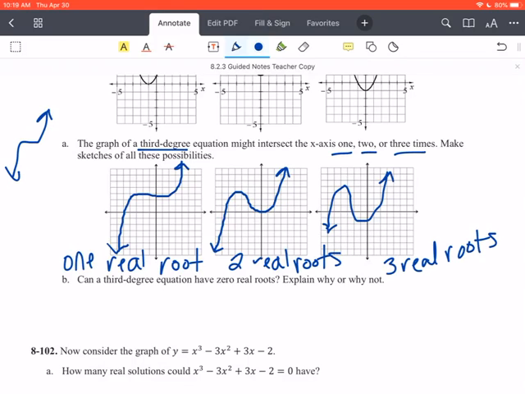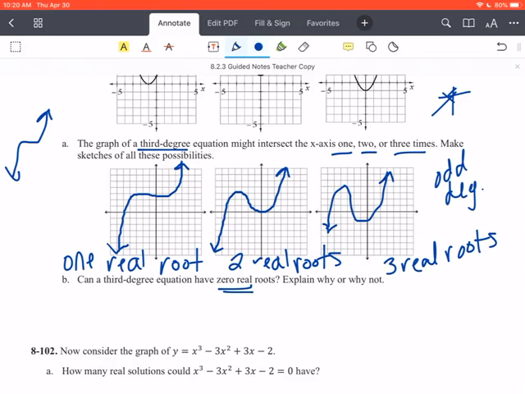So the main question is, can a 3rd degree equation have 0 real roots? Because we saw up here that it's possible for a parabola, a quadratic, or a quartic, which is the 4th degree, to have 0 real roots. But if we look at an odd degree, which this is odd degree, can it have 0 real roots?